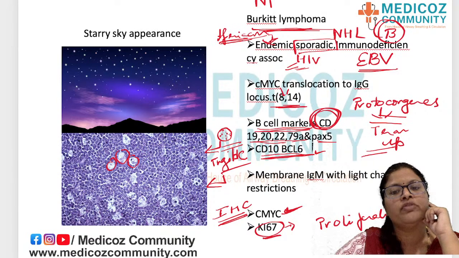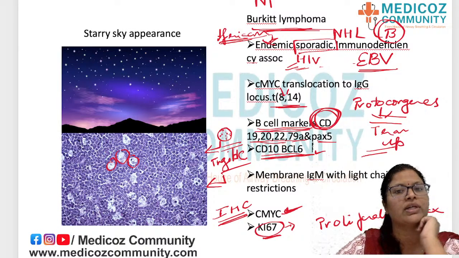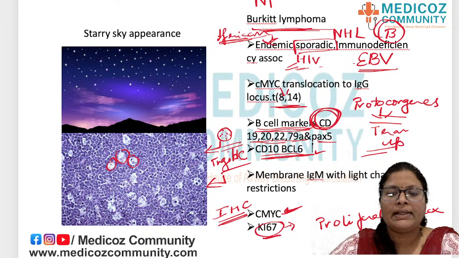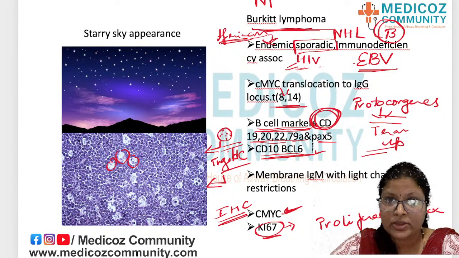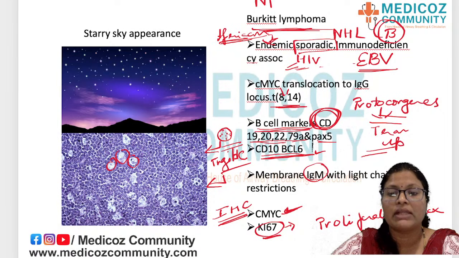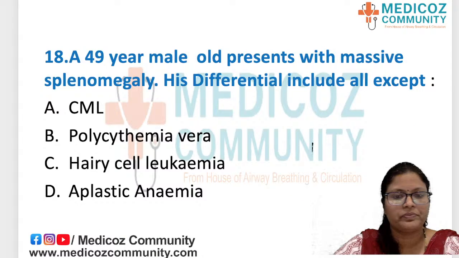In immunodeficiency-associated individuals with HIV or EBV infections you can also see this. Another marker is membranous positivity for IgM with light chain restriction. So this is about Burkitt's lymphoma.